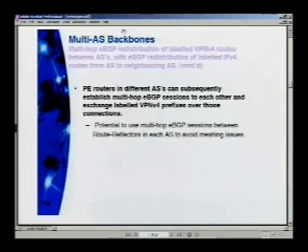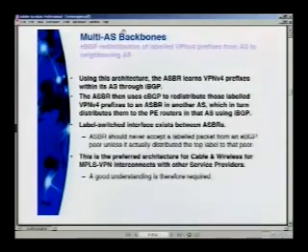And the third possibility is that, again, the two PE devices now exchange the labeled IPv4 VPN prefixes of the certain VRFs based on route targets and the matching route distinguishers.